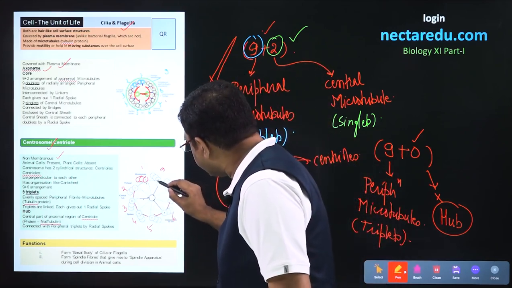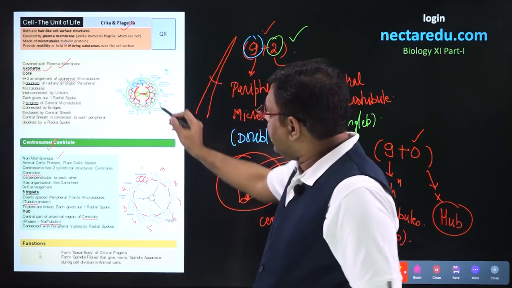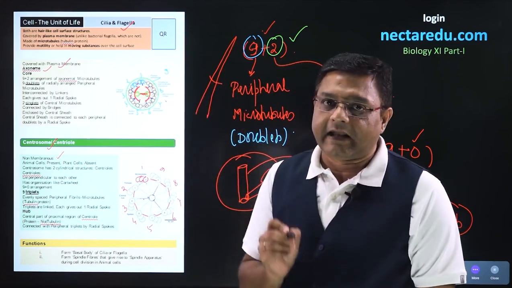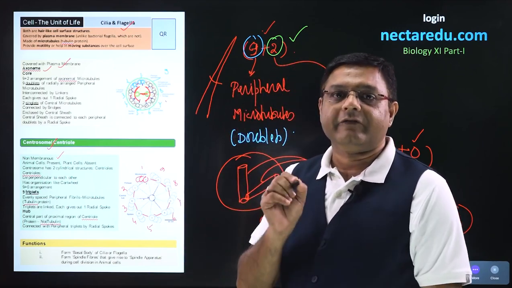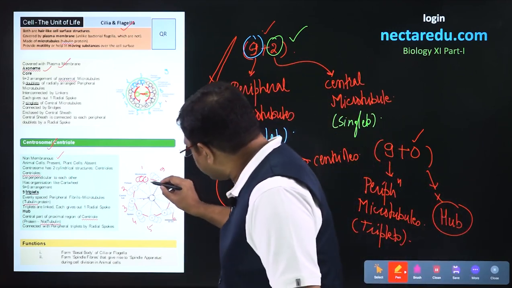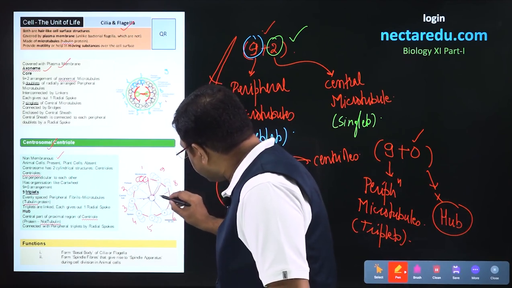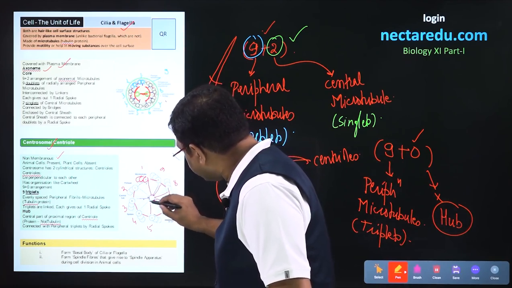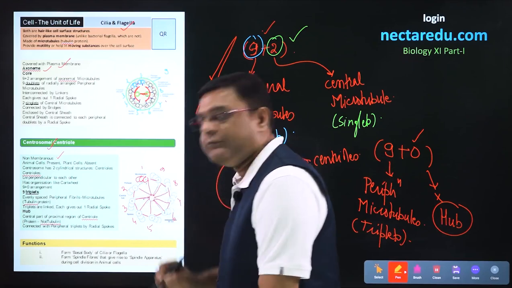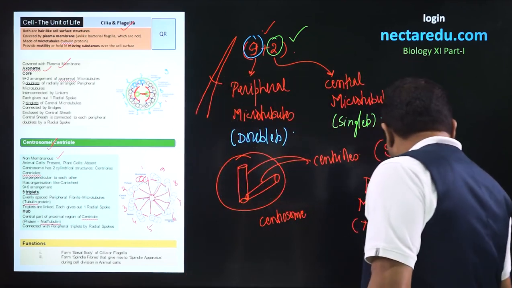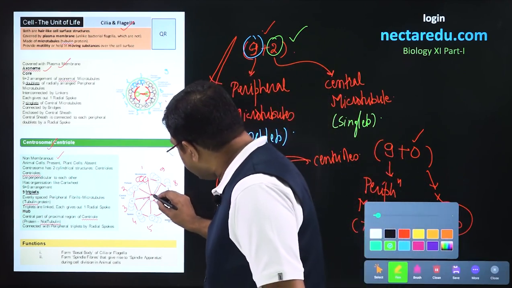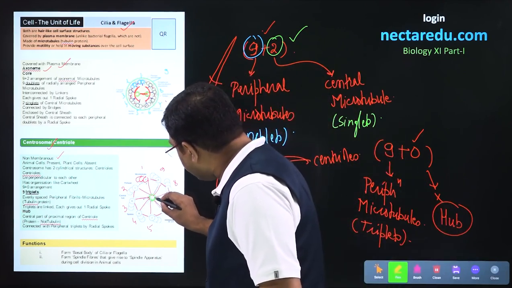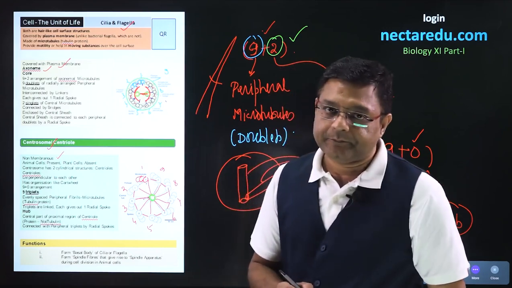There the radial spoke was arising from each doublet. Here also one radial spoke will arise from each triplet. So 9 radial spokes are over here. In the center, no microtubule is present. So this is the hub that we are talking about.